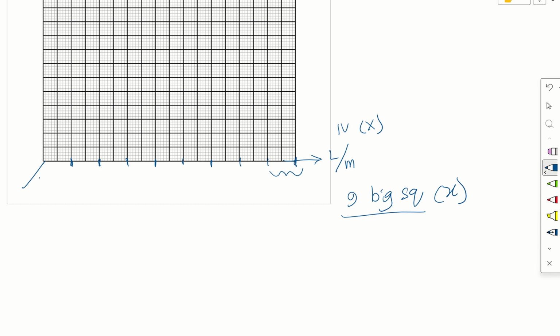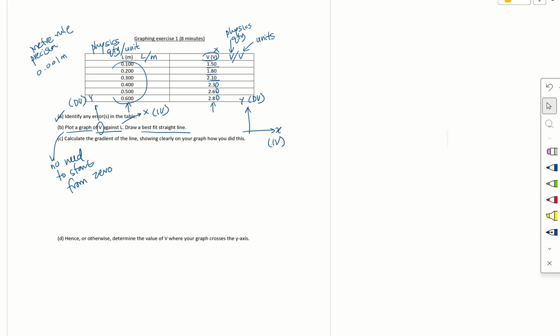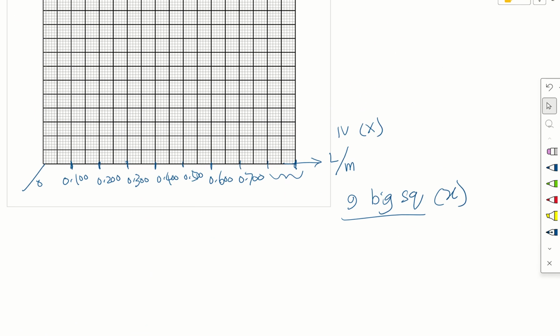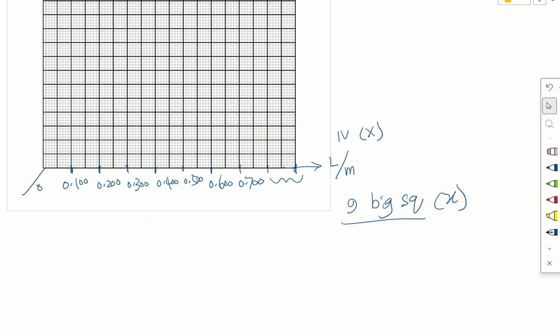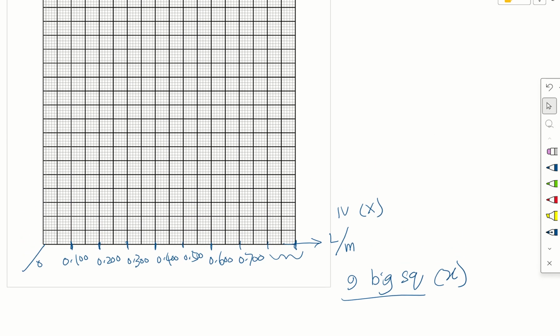I can afford to let this x-axis start from 0. This is 0.100, 0.200, 0.3, 0.4, 0.5, 0.6, 0.7. And yeah, actually we will be at 0.6. So that is it for the scale for the x-axis.